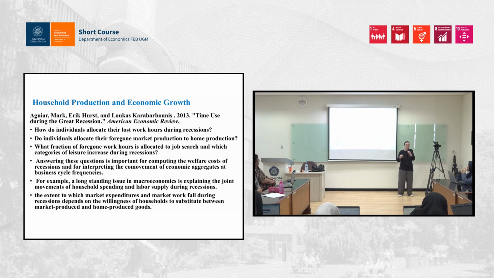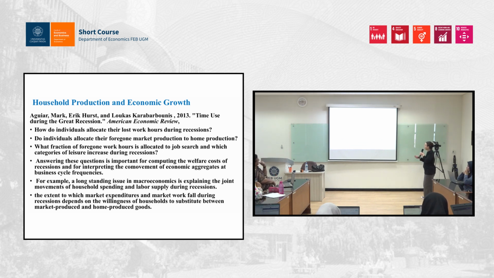Consumption is not exactly mirrored by expenditure, because there are some things that you can produce yourself. So you can substitute market-produced goods with home-produced goods. As an example, if you have less income, you will probably purchase less food from restaurants, and you will be cooking more at home.